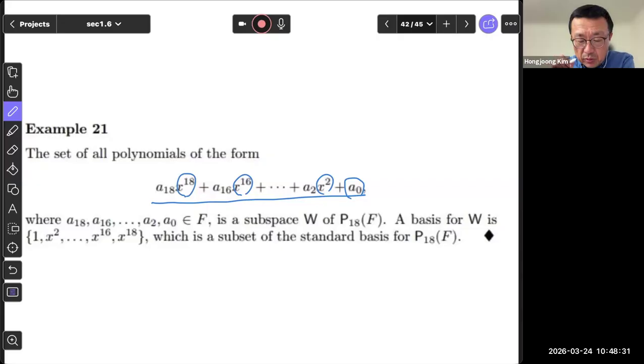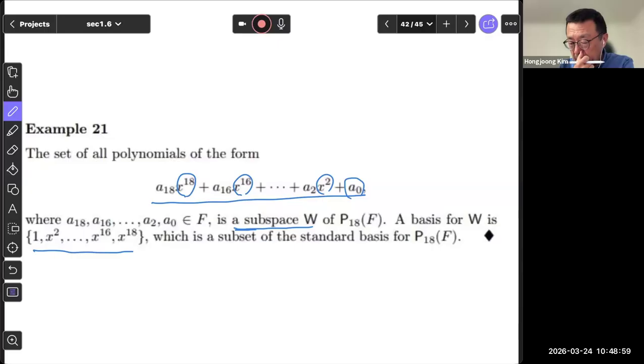Now please check that this collection, this set of polynomials of such form, will be a subspace. And you can easily check that the set of these even powers of x will form a basis for W.